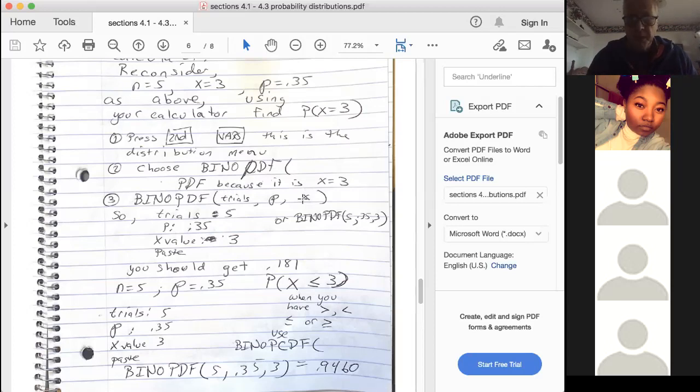And then press enter. If it shows up on your calculator like this, where it says trials, P, X value, and paste, then you put 5 for trials, because that is our number of trials. P is 0.35, X is 3, and then paste. Either way, after you press enter, you should get 0.181.